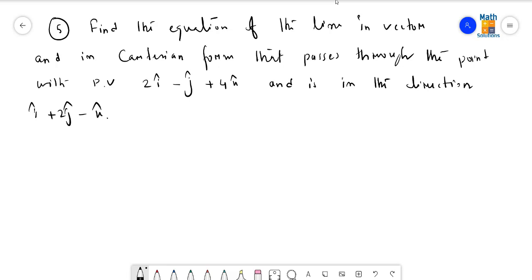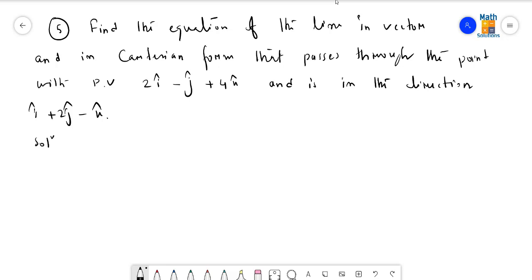This question is also similar to the previous one. Here, we need to find both the vector equation and the Cartesian equation. The vector equation can be found exactly in the same way as we did in question number 4, and the Cartesian equation is a new thing to be added here.